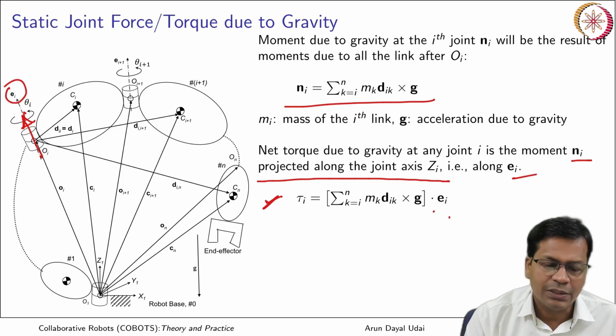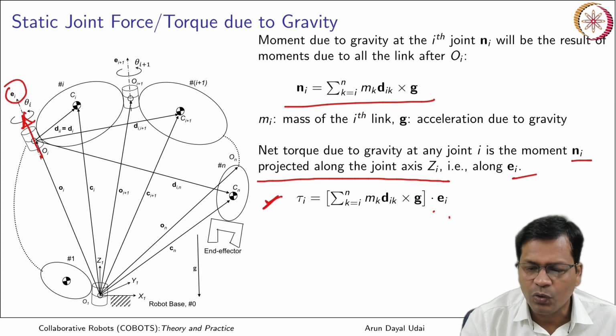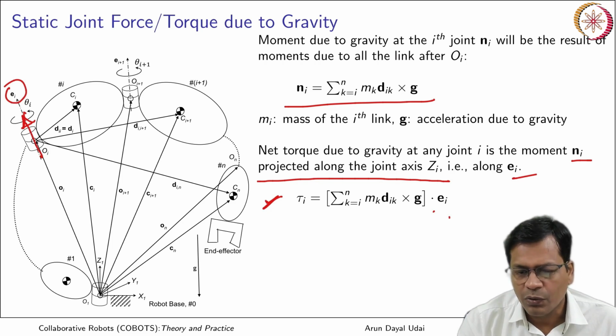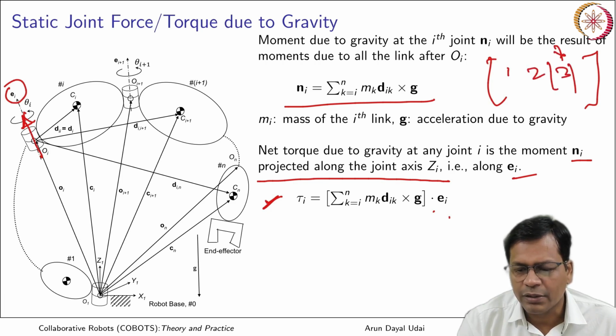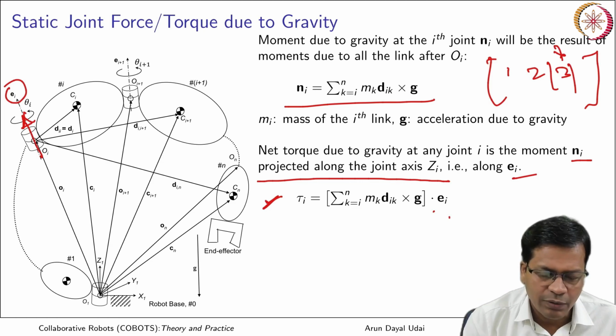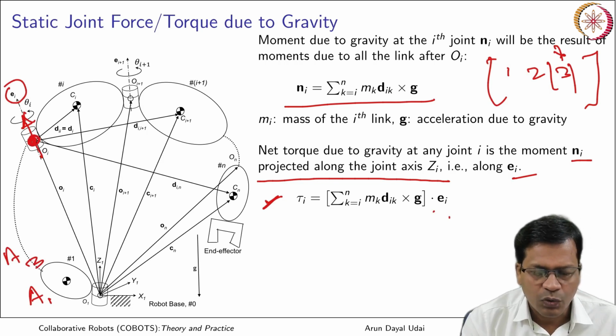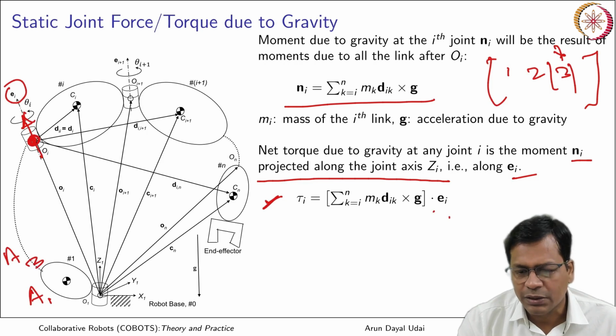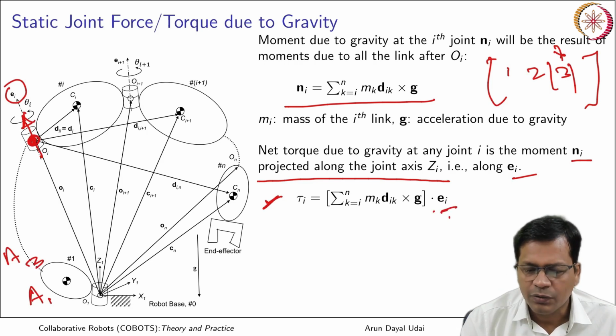What is e_i? It is the axis vector, which can be extracted from the homogeneous transformation matrix directly: the third column, first 3 rows. If you have already done forward kinematics, A1, A2, A3 and finally till this point, in that transformation matrix the third column will have the e_i vector.